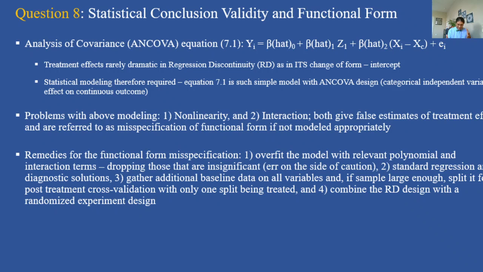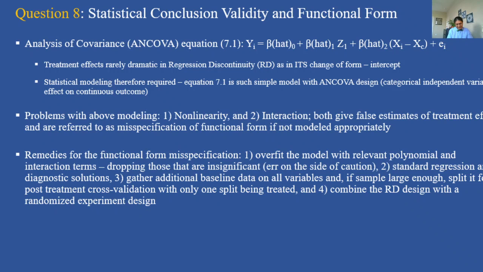Now, this modification can be in terms of making it a polynomial variable like x square or x cube. Now, if such change is not incorporated in equation 7.1, if there is nonlinearity, then we will get a biased effect estimation. Non-linearity can also be a problem if the variables are not normally distributed. Hence the importance of descriptive statistics of any variable before modeling.